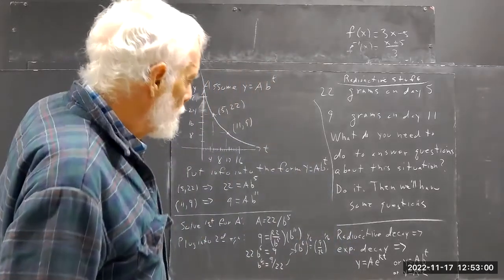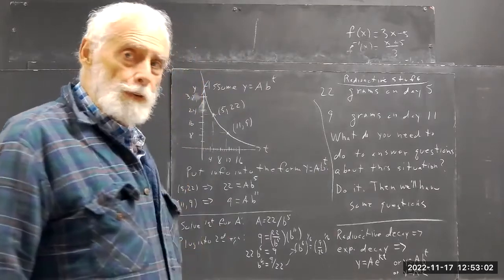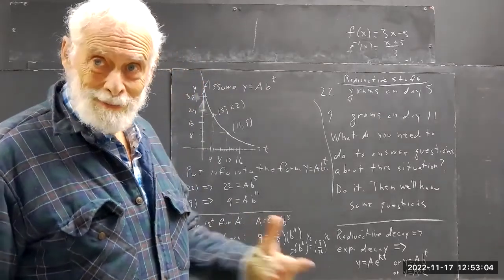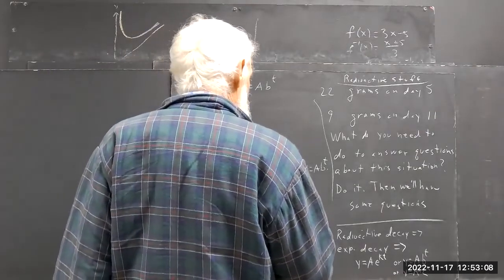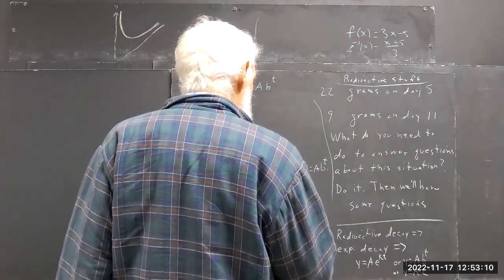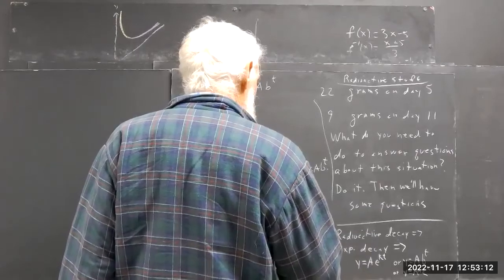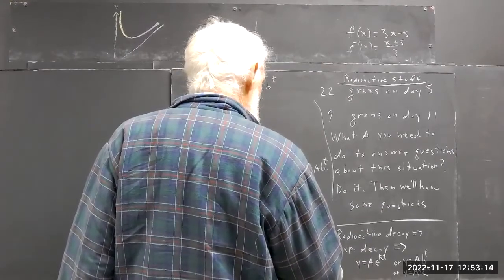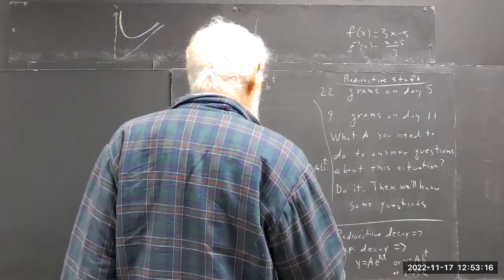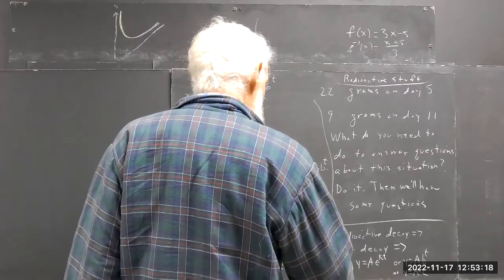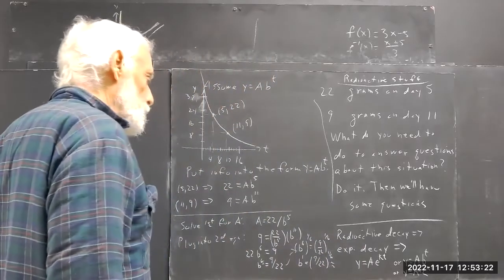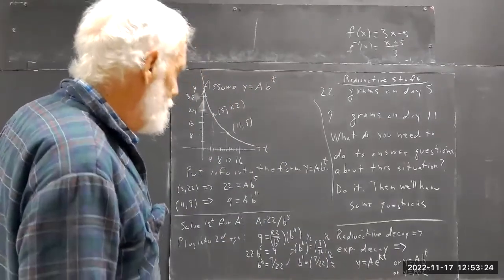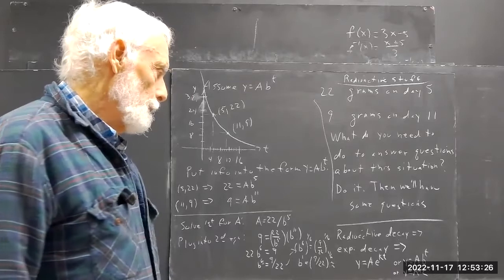Raise both sides to the 1/6, or if you prefer, take the 6th root of both sides. Multiply the exponents, you get b to the 1 equals 9 over 22 to the 1/6, and that's about 0.4.